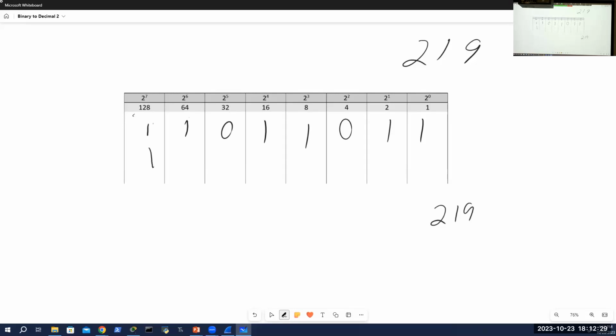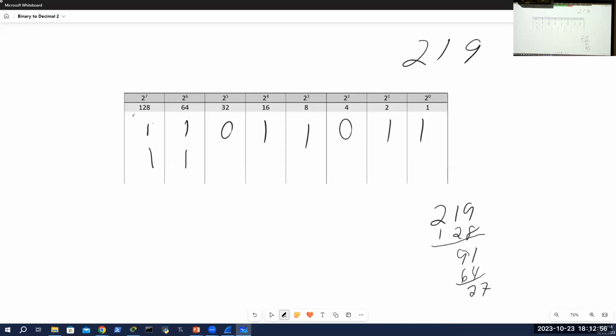Then I subtract that place value from my original number, and I get 91. Then I come to the next column and ask the same question. 64 is less than or equal to 91, so we get a 1. And I think we're left with 27.